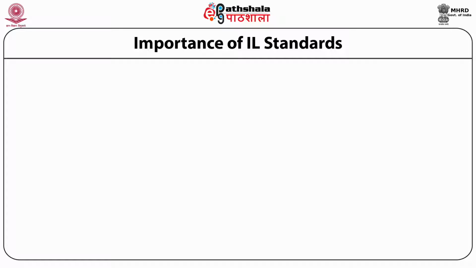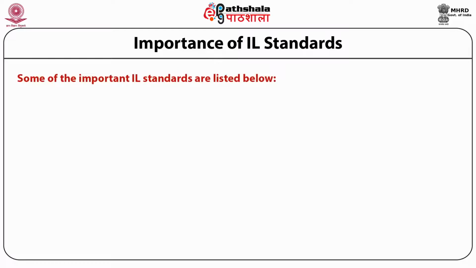Information literacy standards have been laid down by many institutes and associations of library and information science to guide librarians in assessing user needs, framing information literacy programs, and also in evaluation of performance outcome of users.